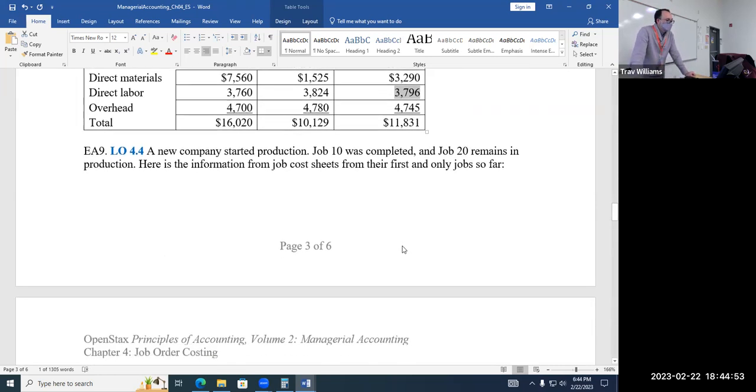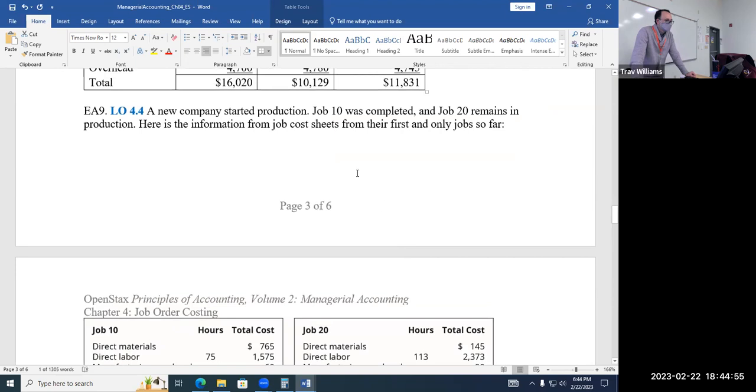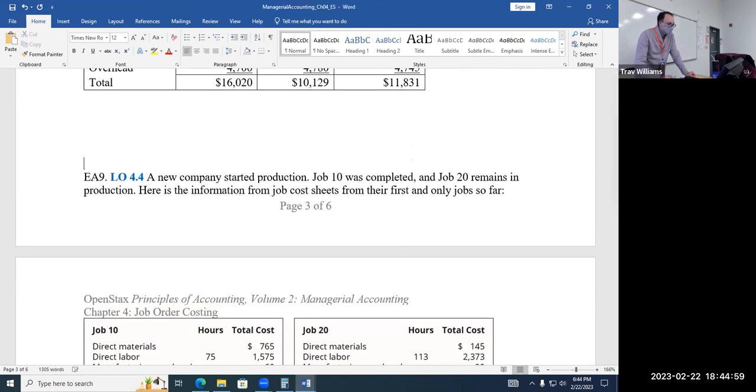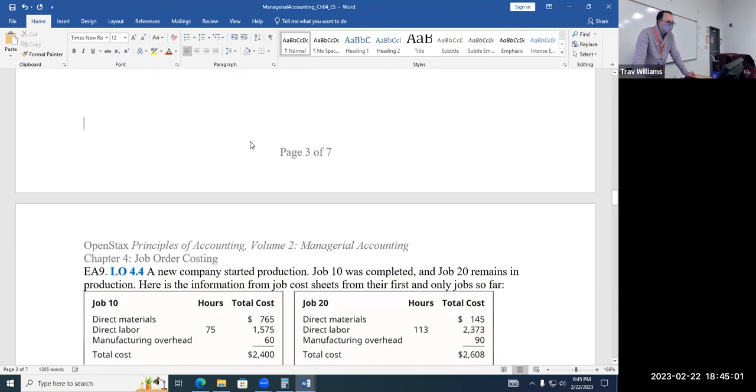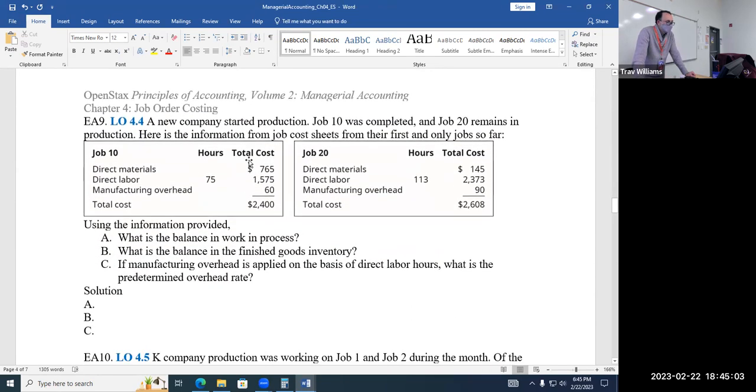Okay, number 9 then. So this company has only had 2 jobs. Job 10 has been completed. Job 20 is still in production. They should have just called them job 1 and job 2, right? If they've only had 2 jobs.